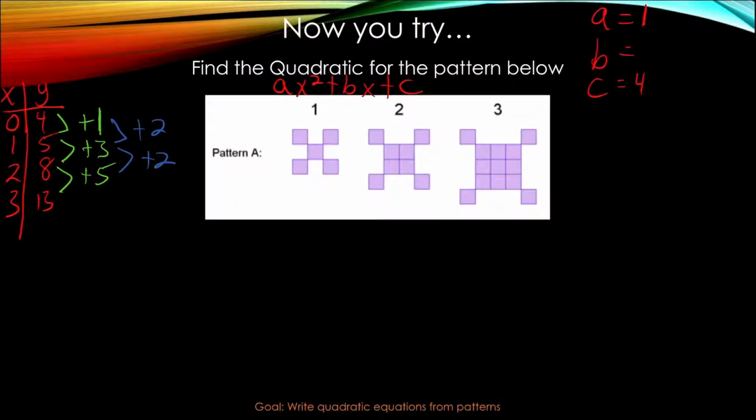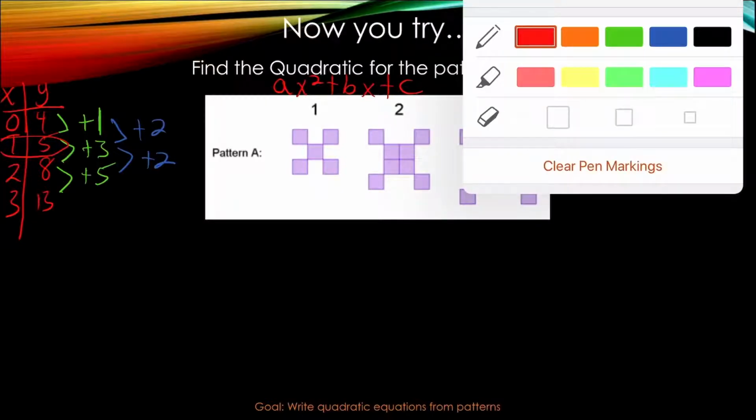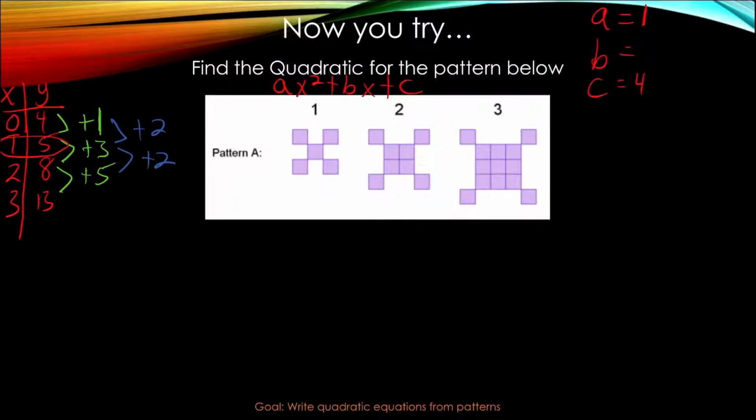Okay. Now let's find our b value. Remember, we're going to use that 1, 5 in our equation. So what we get is y, which in this case we're going to say is 5. 5 equals a, which is 1, times x, which is 1 squared, plus b times x, which in this case is 1, plus c, which is 4.